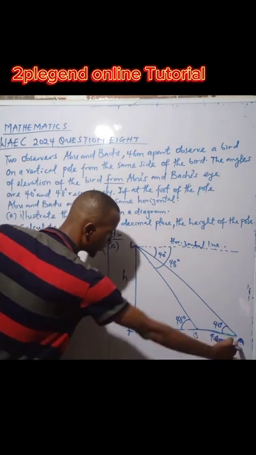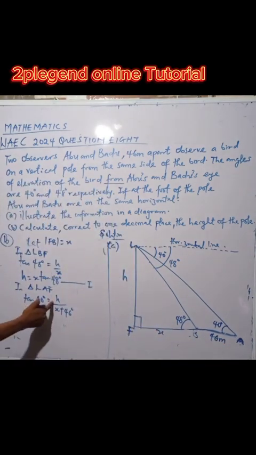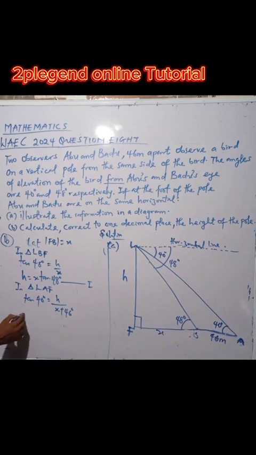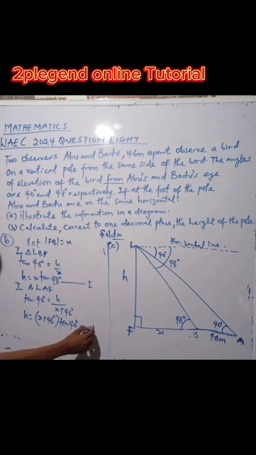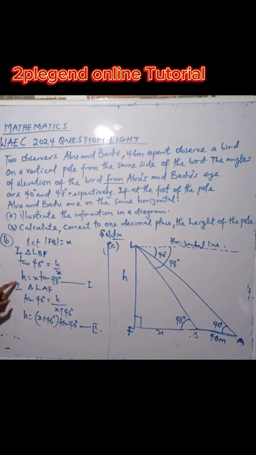So make H the subject of the formula again. We are going to have H equal to x plus 46 times tan 40 degrees. Call this equation 2.